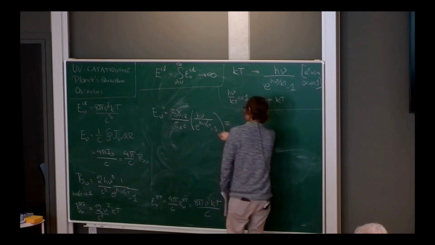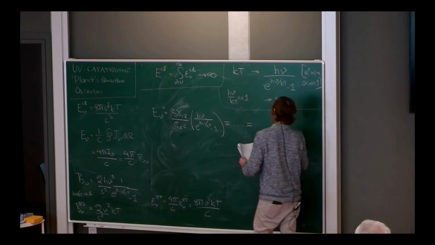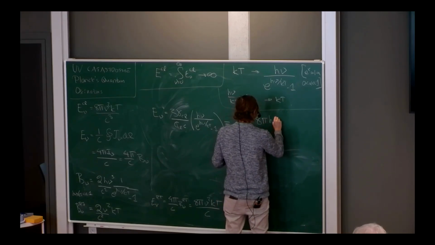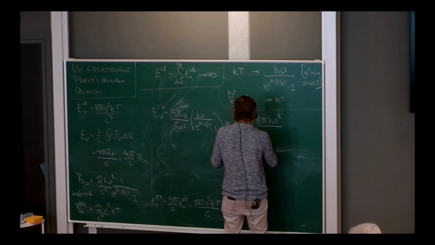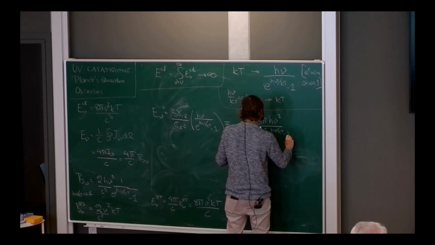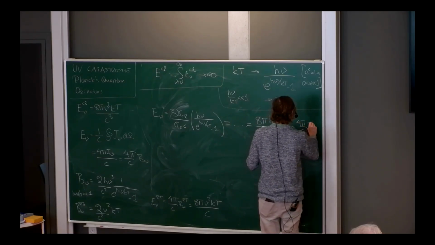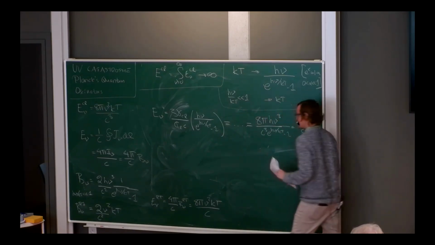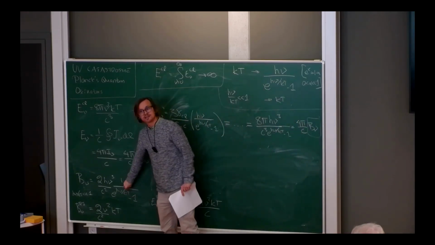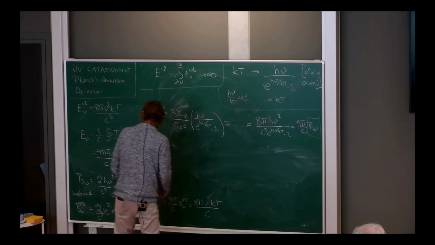And then in this case, we leave the steps out. This is algebra to come out with 8 pi h nu cubed over c cubed, times 1 over e to the h nu over kT minus 1, which is 4 pi over c times B nu, where B nu now is what we know as Planck's complete function.